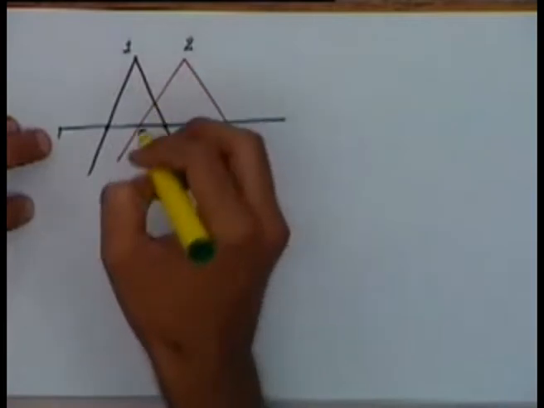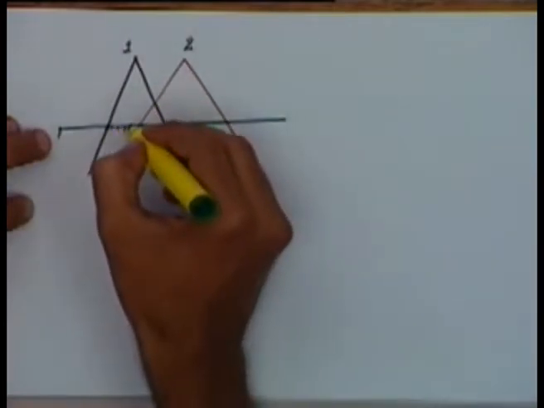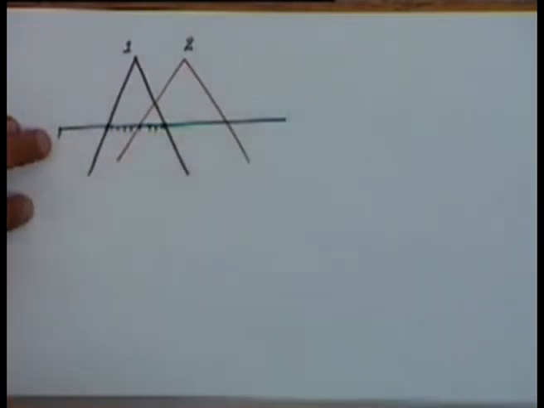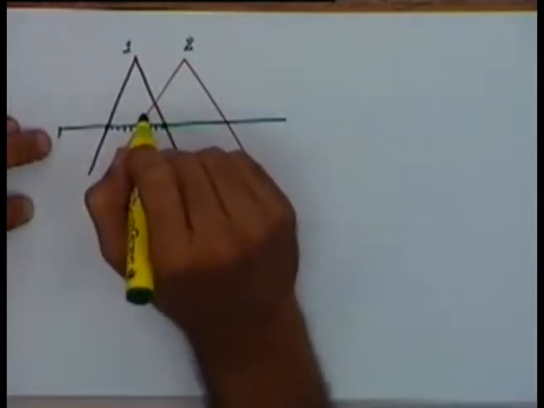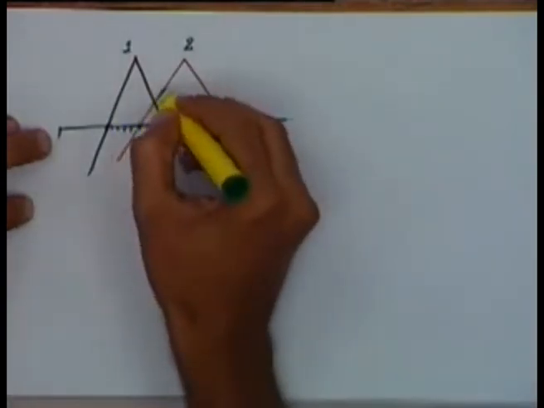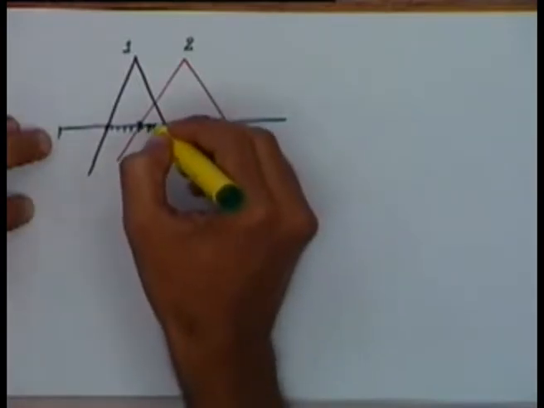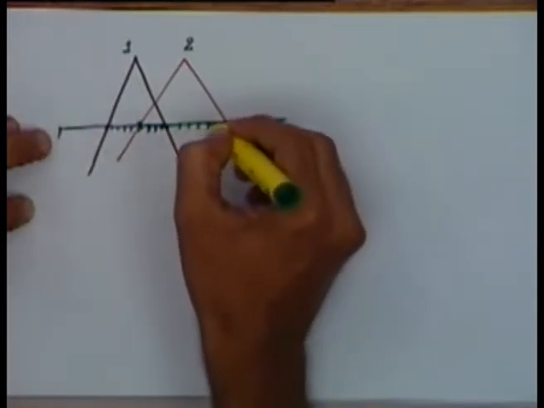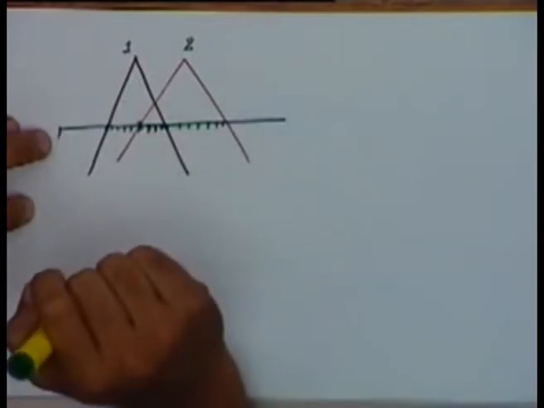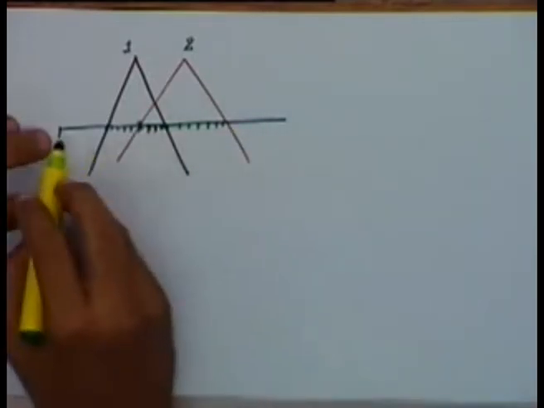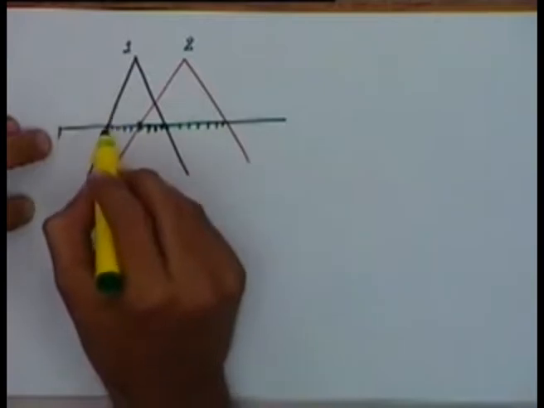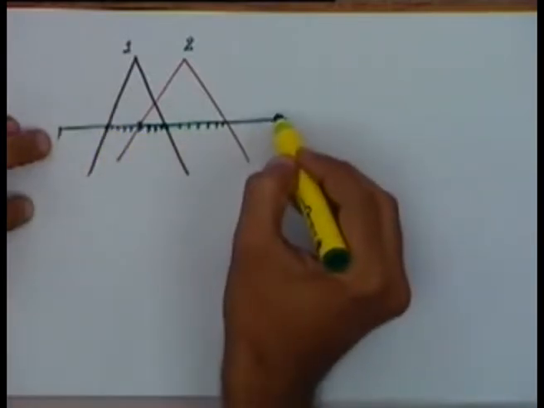But for computing the depth, we are computing the depth at each of these pixels. Then I'll start with this intersection and compute the depth at this pixel and so on. So effectively I'm computing the depth at each of these pixels.